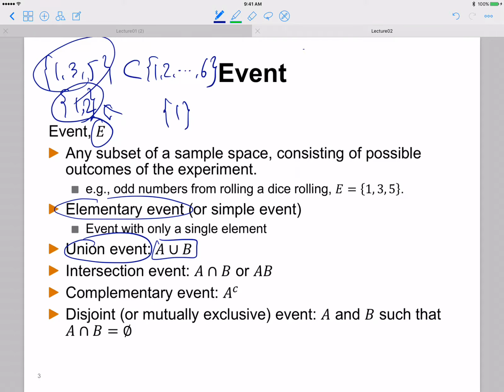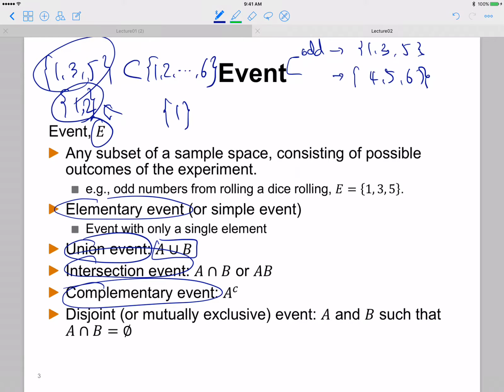The first one is odd numbers, 1, 3, 5. And the second event is 4, 5, 6, which is more than 3, right? And the union of them, you can easily compute it. And similarly we can consider the intersection of it, right? That satisfies these two conditions.